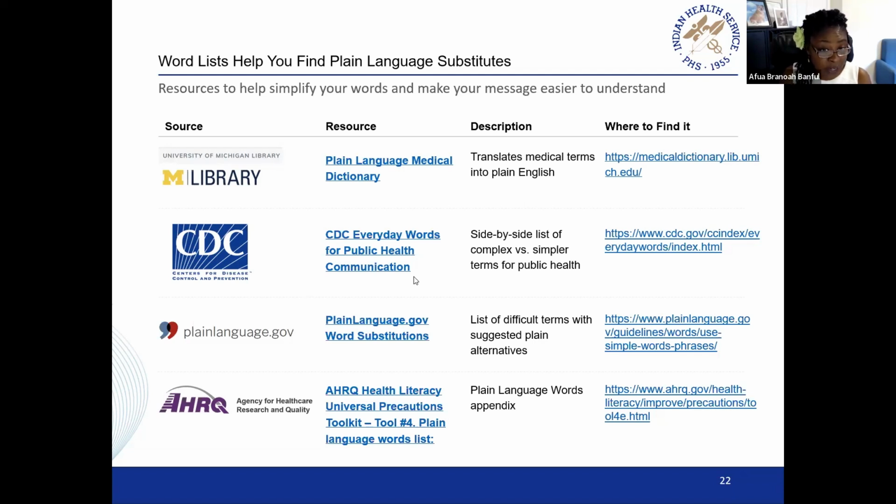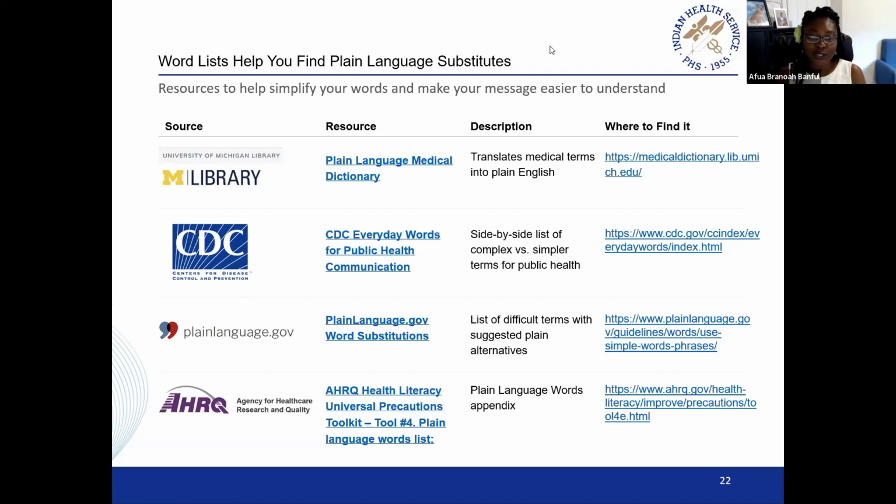CDC has an everyday words resource. So there's the more complex version, and then there are simpler terms that you are encouraged to use in public health settings. And then there's a service called plainlanguage.gov, and they have difficult terms in general. This one is not specifically healthcare focused, but it was really helpful.